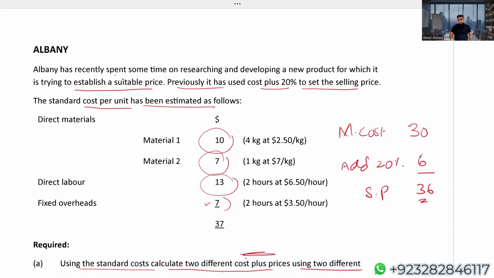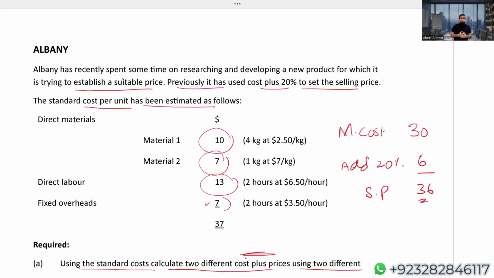But there are disadvantages also. One of the biggest disadvantages when you go for marginal cost plus pricing is that you ignore fixed cost. It means when I'm selling my product for $36, there is no guarantee that I will be able to get the profit.